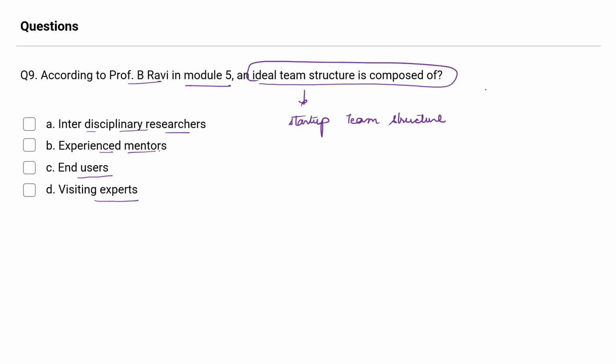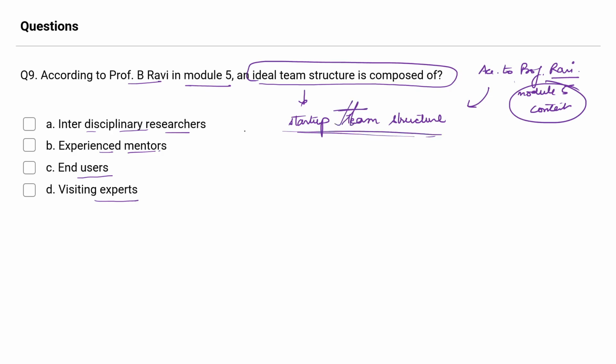Again, the context is according to Professor Ravi in his Module 5 content. Ideal team structure किसका बना होता है? Interdisciplinary researchers, experienced mentors, end users, or visiting experts. Now, do remember that it's a multiple correct answer question.